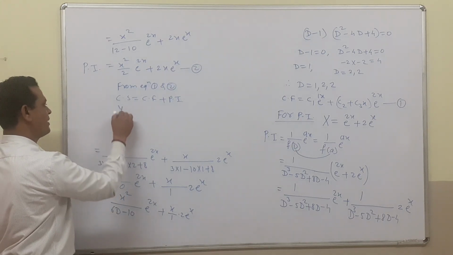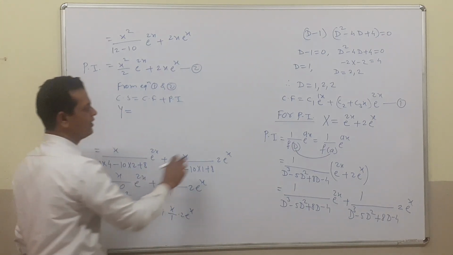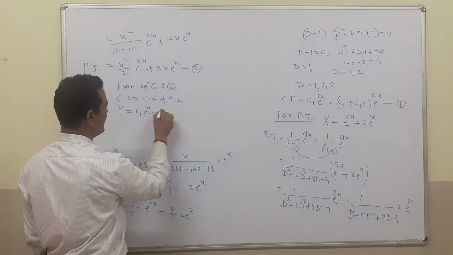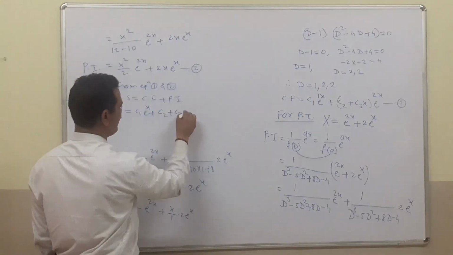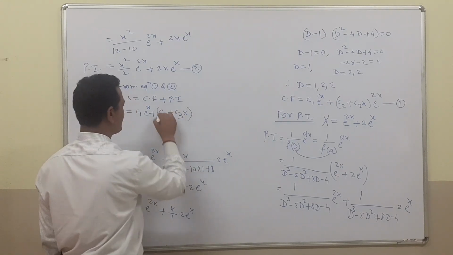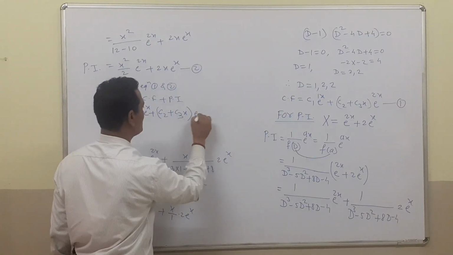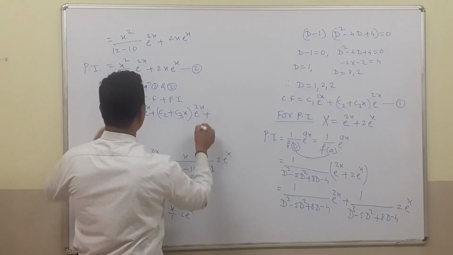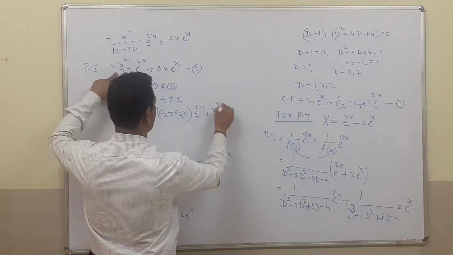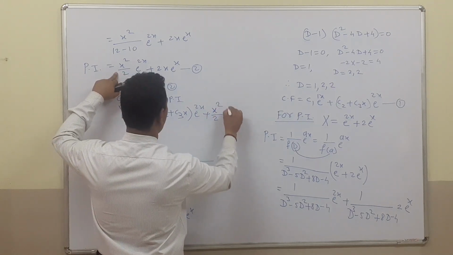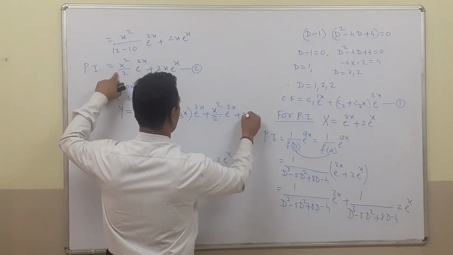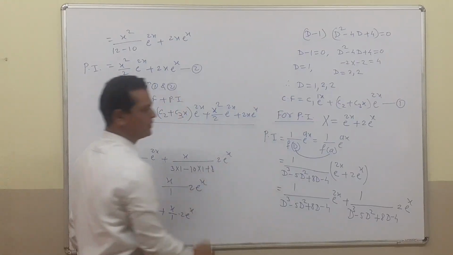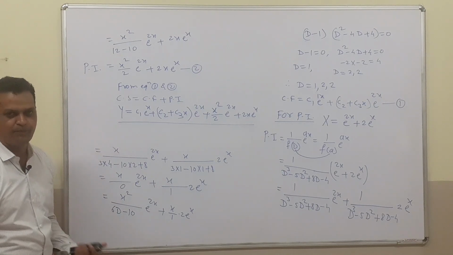Complete solution denoted by y, which is equal to value of complementary function is c1 e raised to x plus c2 plus c3x then e raised to 2x from this equation number 1, plus particular integral, this is x square upon 2 e raised to 2x plus 2x e raised to x. So, this is the complete solution of the given equation.